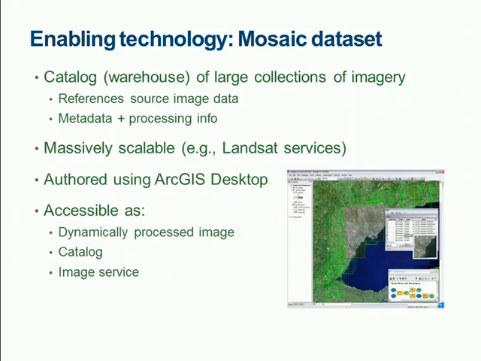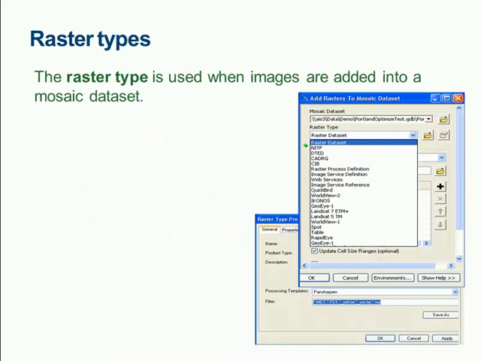It's accessible as a virtually mosaicked image, which is processed only when the view is requested, and I'll discuss the dynamic processing in the next few slides. Users can also query the Mosaic dataset as a catalog to find footprint geometry for individual images, look at metadata, etc. And finally, the Mosaic dataset can be accessed as an image service, as we've discussed.